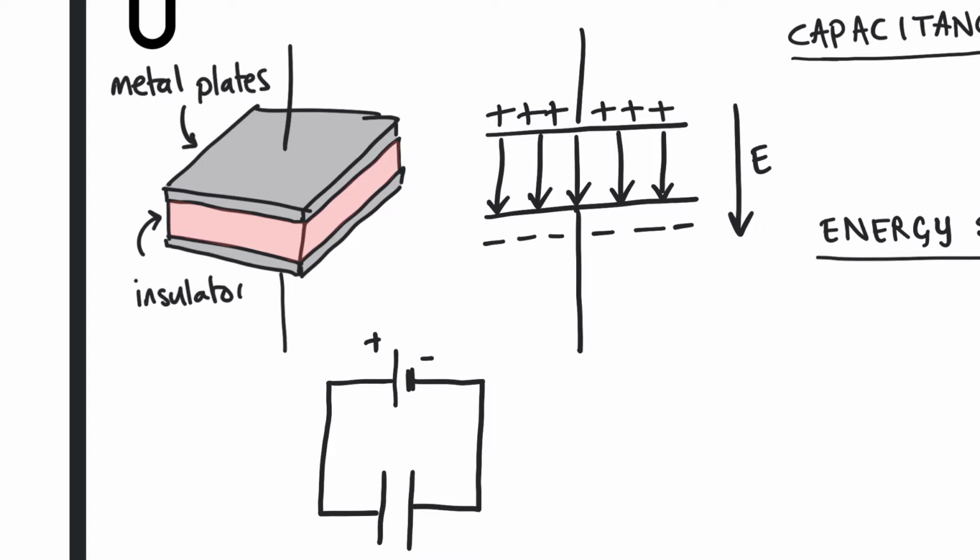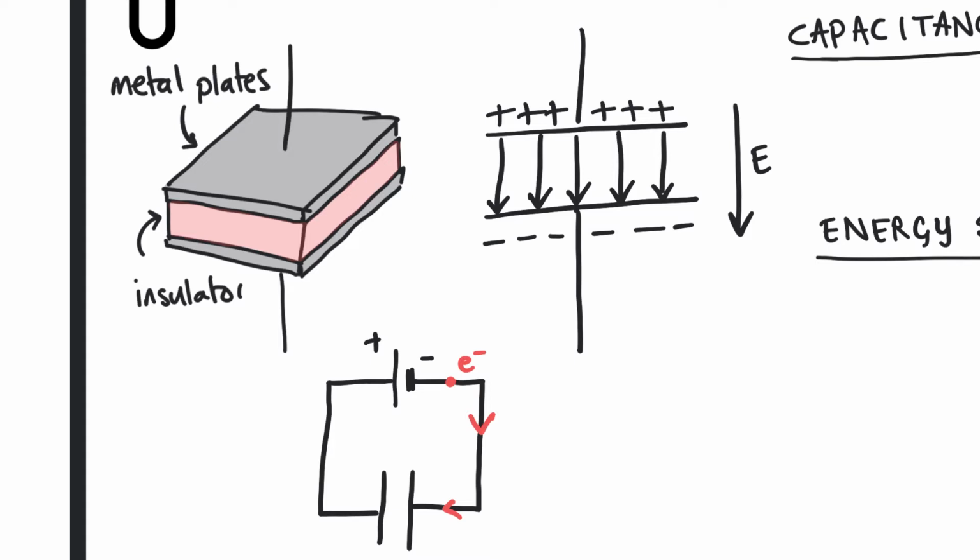Let's imagine that at this point here, we have an electron, which is negatively charged, and it's right beside the negative terminal of the cell. Those two negative charges are going to repel each other, and so that electron is going to move away from that negative terminal, and then make its way towards this first plate.